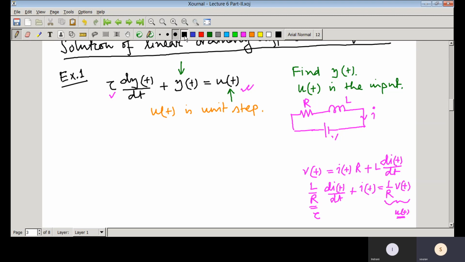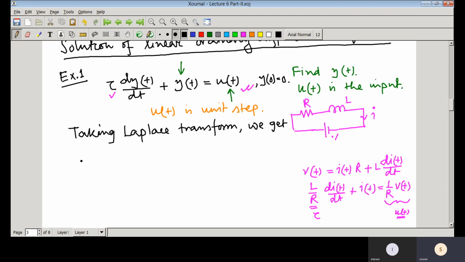So what is your first step for finding this solution? Taking Laplace transform. As it is a dynamical system, you must have some initial condition, and we assume that y(0) equal to 0. That means it is initially relaxed.